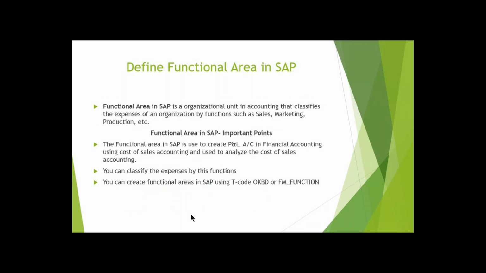So now you asked about the functional area. What do you mean by function under Karnataka? If I am doing business in Karnataka, what are all the functions I do?